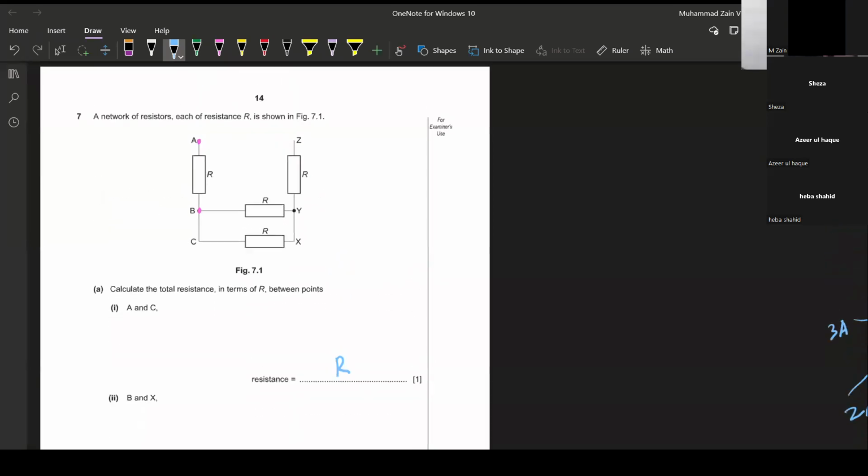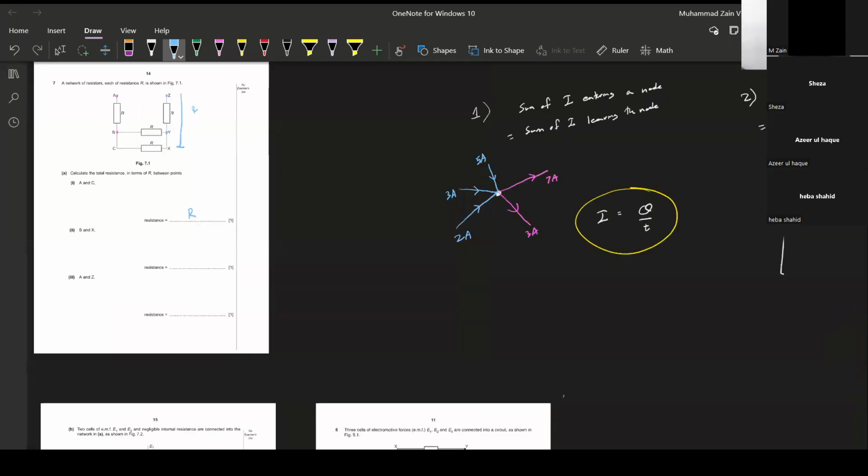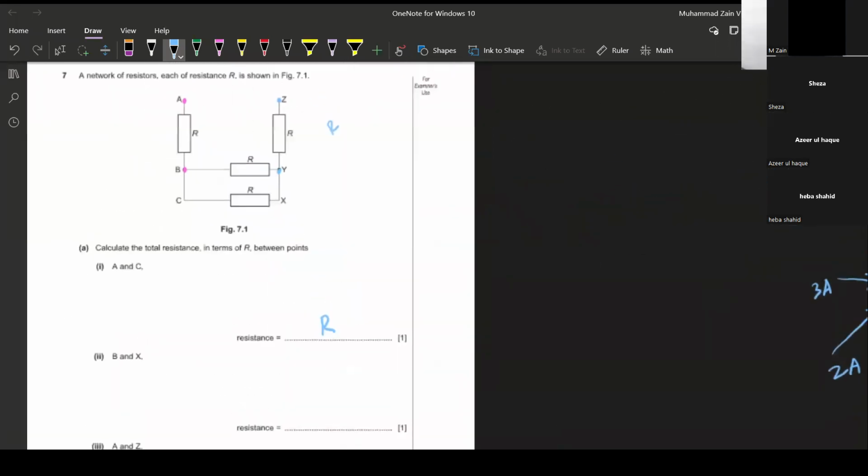Similarly, if I ask what's the resistance between point Y and point Z, that would again be equal to R. Or between point Z and point X, that would still be R, because point Y and X are not different points on the circuit. They're just a distance apart, but essentially the same point.